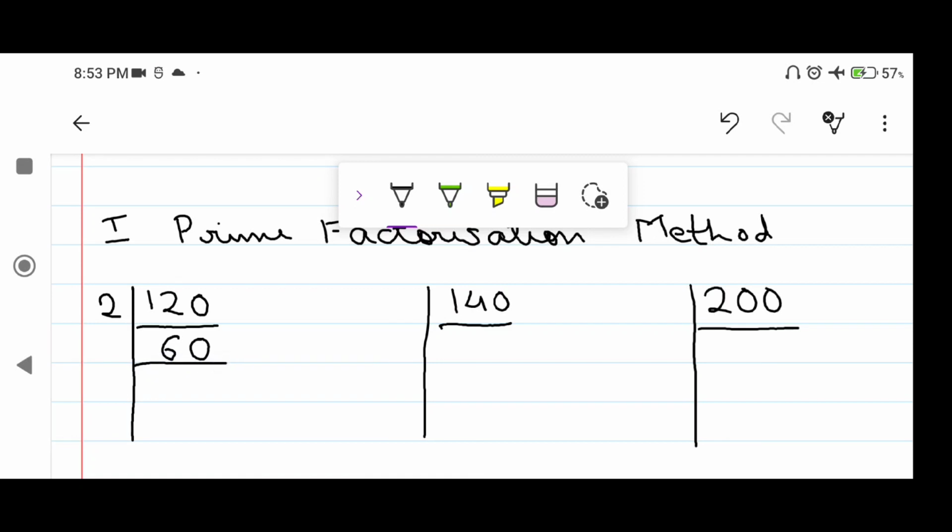Now again 60 is an even number. So we have to take 2 again. 2 3s are 6, 2 zeros are 0. Again it is an even number. So we can take 2, 2 1s are 2 and 2 5s are 10.